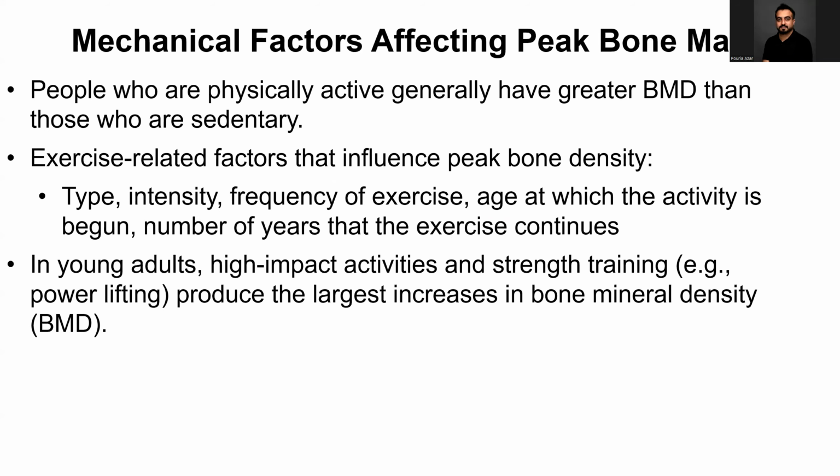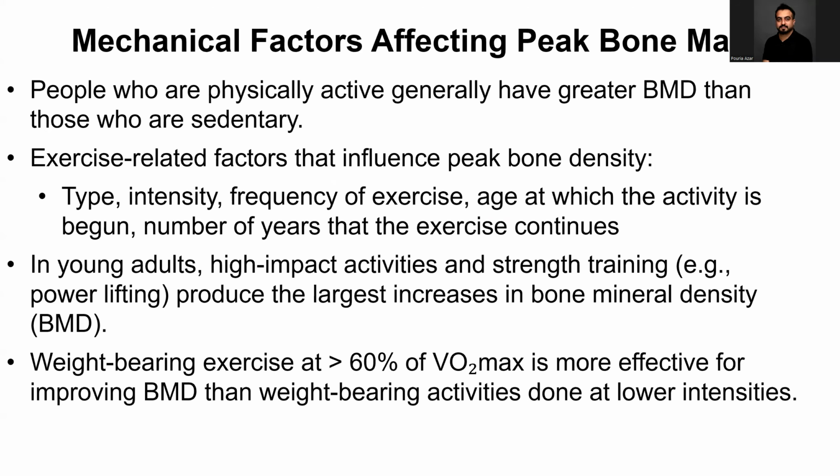In young adults, high impact activities and strength training like power lifting produce the largest increase in bone mineral density. Weight-bearing exercise at above 60% of VO2 max is more effective for improving bone mineral density than weight-bearing activities done at lower intensities.